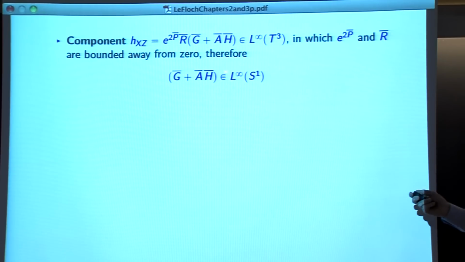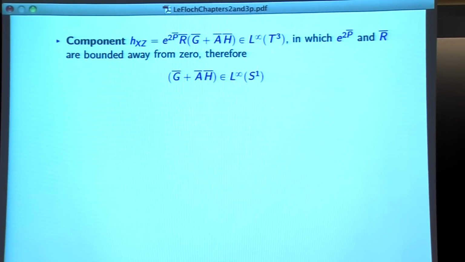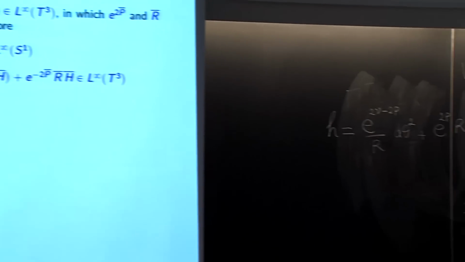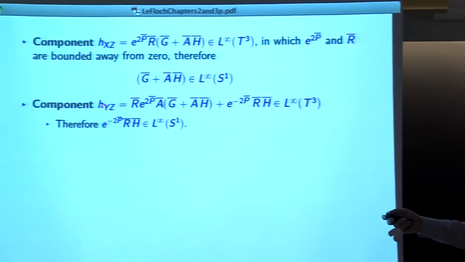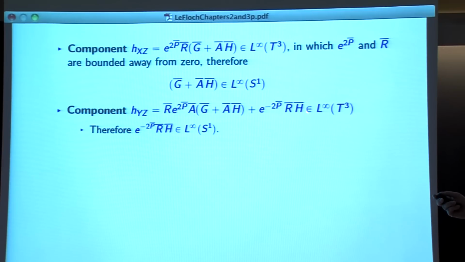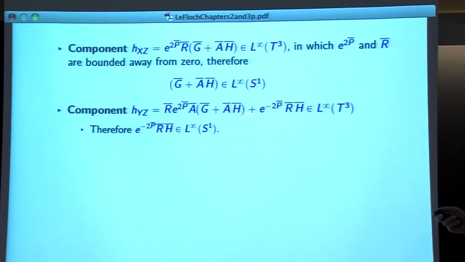So what you get out of that is that G plus AH belongs to L infinity. Okay. And you also look at the component HYZ, which is a bit more messy, which is L infinity.